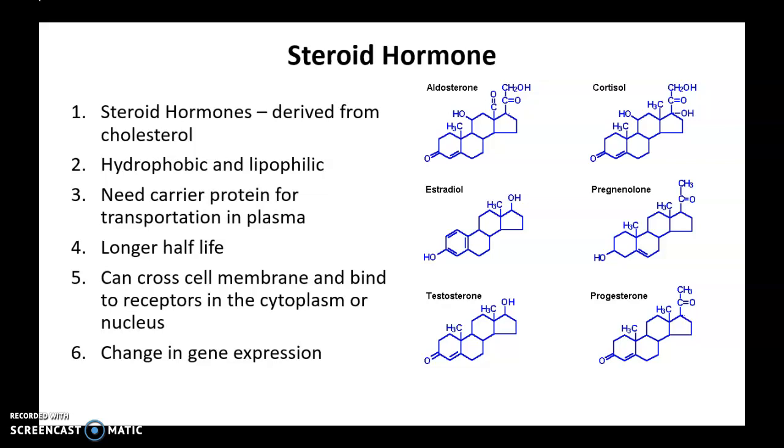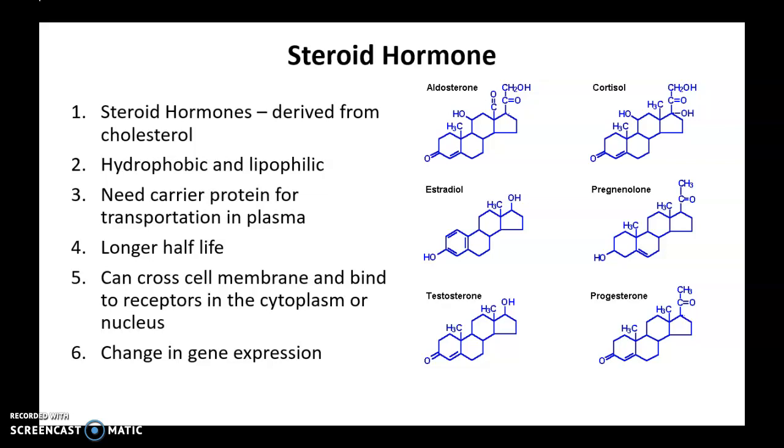Now, if you are lipid derived, you don't like being in the watery plasma, right? And lipid hormones and steroid hormones need to have a carrier. They need a carrier protein that can envelop around them and protect them and afford them more water solubility. They have a longer half-life, meaning they last longer in the body and they are not readily cleared or filtered out by urine.